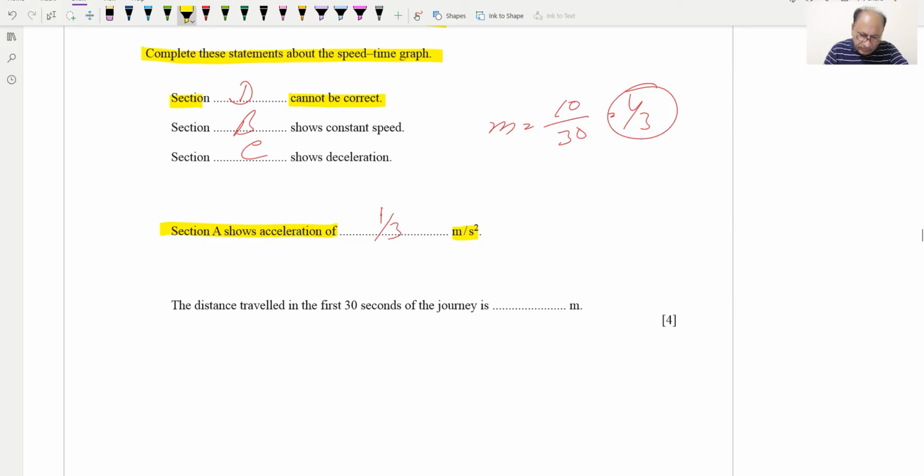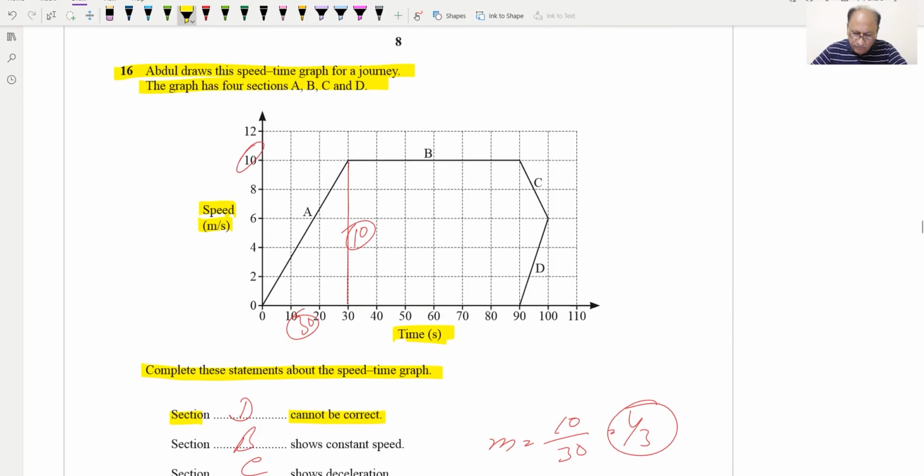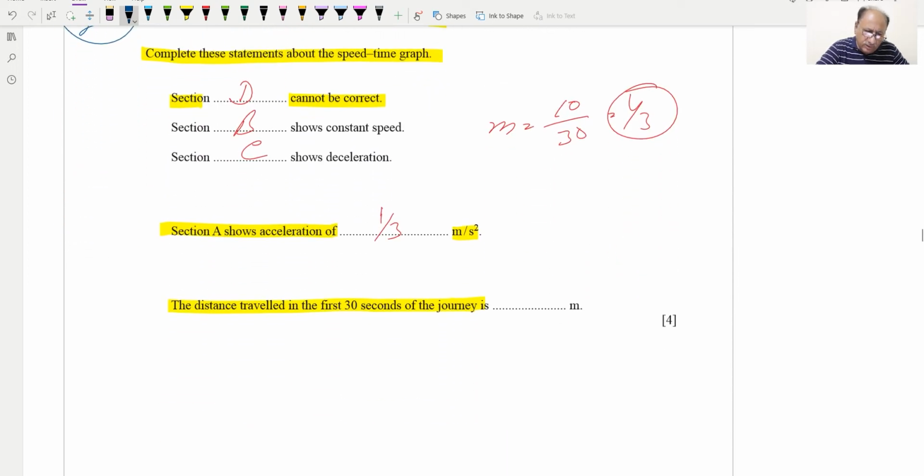Then the distance traveled in the first 30 seconds of the journey. Distance in the first 30 seconds is the area under the graph. So the area under the graph will be this triangular area, and for the area of a triangle we can take half into b into h, where base is 30 and h is 10, so 1 by 2 into 30 into 10, and this will be 150.